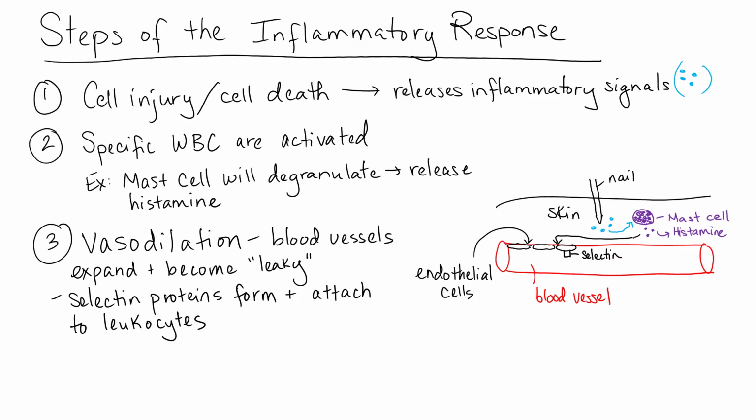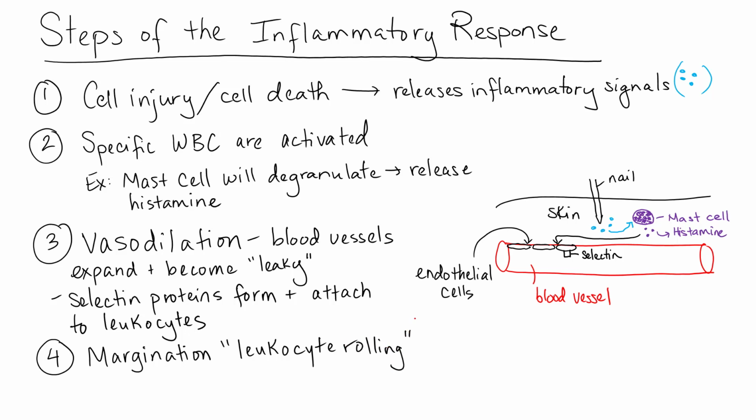And so the selectin has the ability to grab onto one of these leukocytes. And when the leukocyte attaches to the selectin, we call that margination. Or sometimes it's referred to as leukocyte rolling, which means that the leukocyte is attached to the selectin.